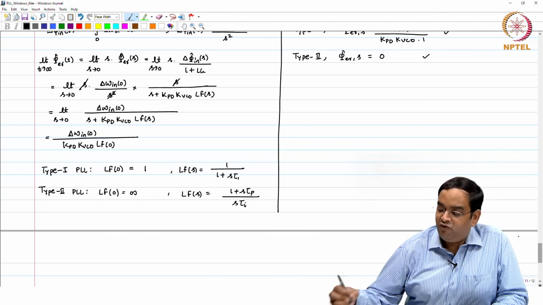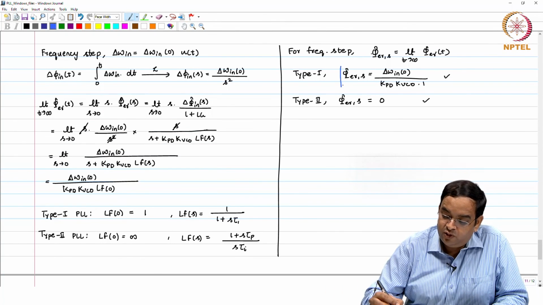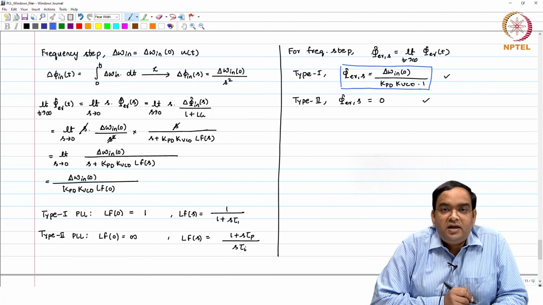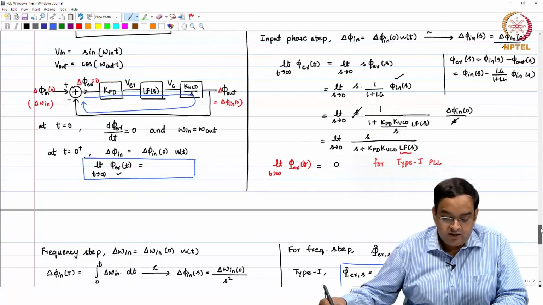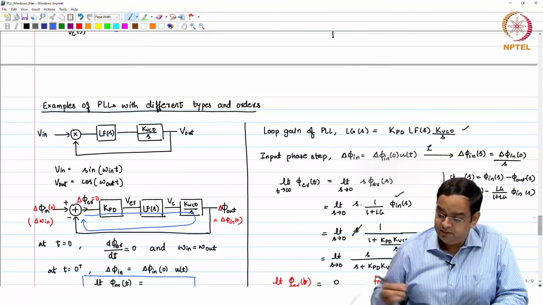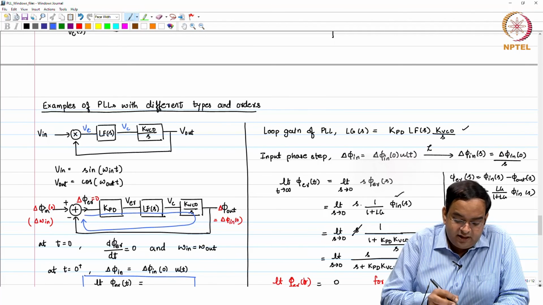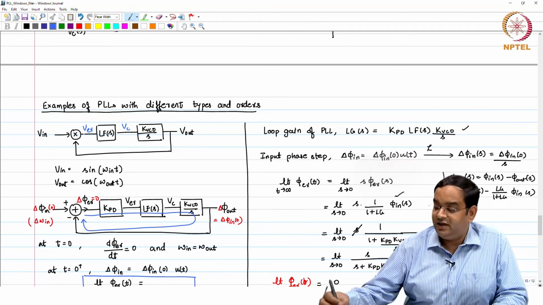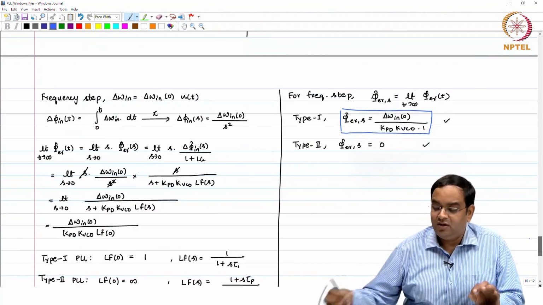Okay. But keep one thing in mind, that this particular value phi error steady state which you see here does not take into account the large signal, or you can say the actual voltage signal at each of these nodes. It is only for small signal modeling.